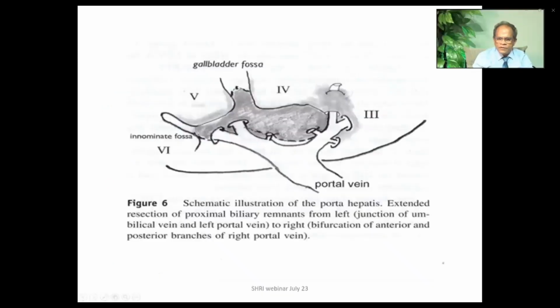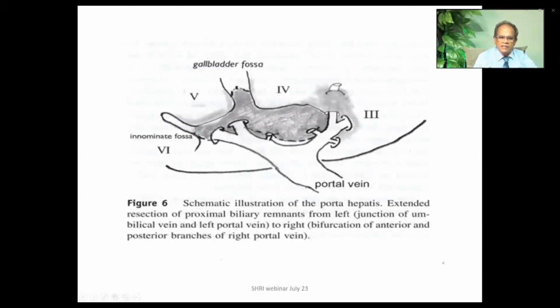Kasai portoenterostomy is not just attachment of a Roux loop of bowel to the porta indiscriminately. You have to dissect the entire porta hepatis and demonstrate its full extent, so that your Roux loop covers the most possible points of these rudimentary microductules of the intrahepatic ducts into that Roux loop, so that the biliary drainage is optimized.